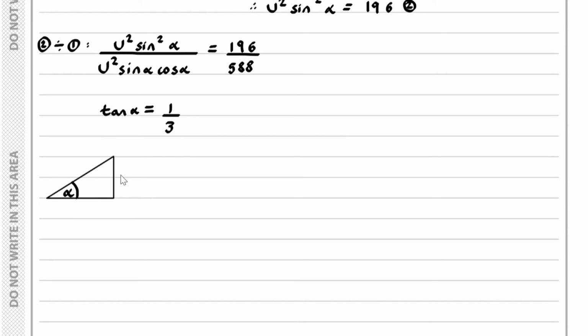We've got 1, 3, and through Pythagoras, root 10, which means that sine alpha is equal to 1 over root 10, and cos alpha is equal to 3 over root 10.